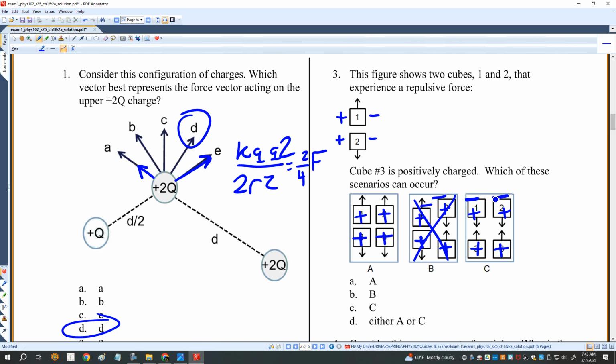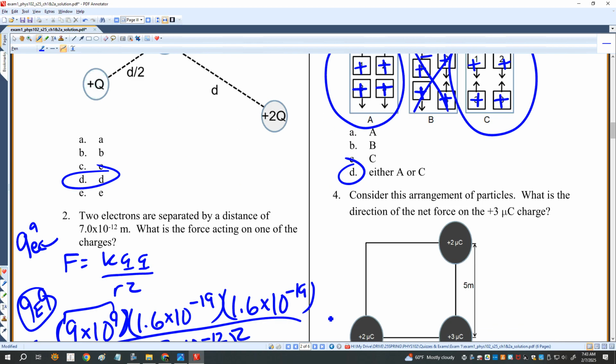So the scenarios that can occur are A, if 1 and 2 are positive, or C, if 1 and 2 are negative. B cannot occur ever. So the answer is D, either A or C.